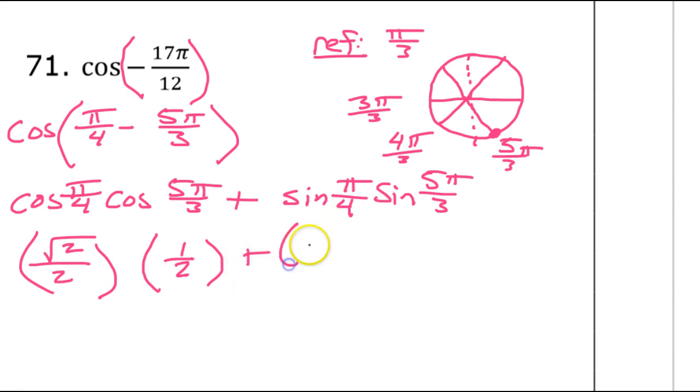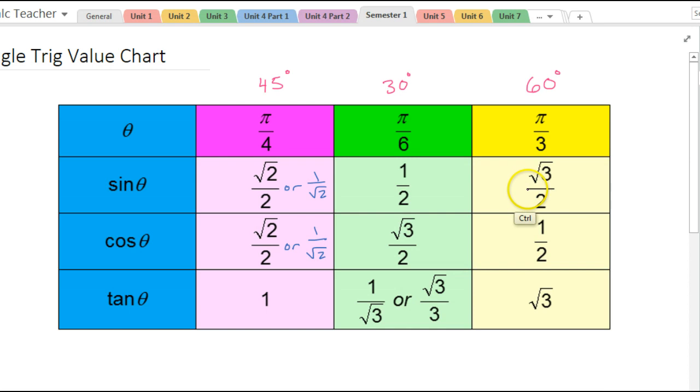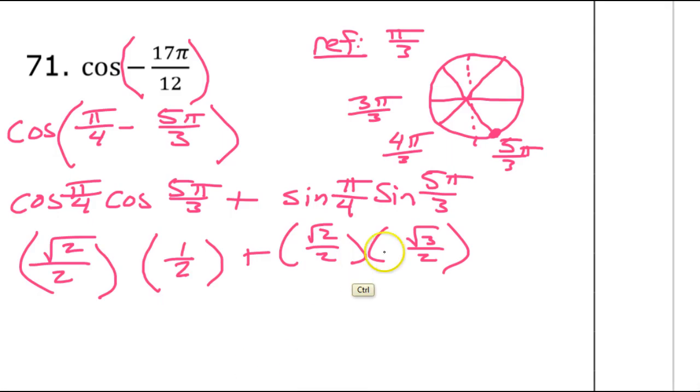Sine of pi over 4 is radical 2 over 2. Sine of 5 pi over 3. Again, the sine of pi over 3 is radical 3 over 2. Okay, we have memorized that. So this is either going to be positive radical 3 over 2 or negative radical 3 over 2. In this quadrant, sine is negative because sine is a y value and this is down.